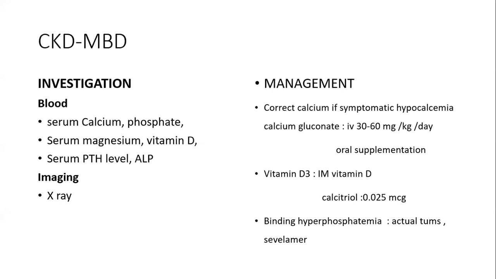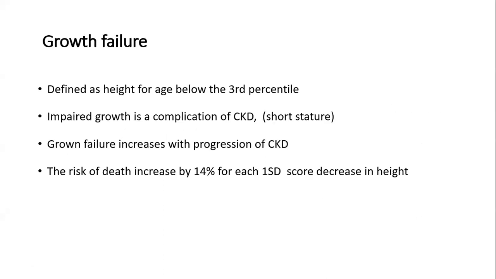In case of hyperphosphatemia, you can bind phosphate with either calcium acetate or sevelamer. Calcium acetate is used when you have hyperphosphatemia and hypocalcemia. Sevelamer is given when you have hyperphosphatemia and normal calcium levels.